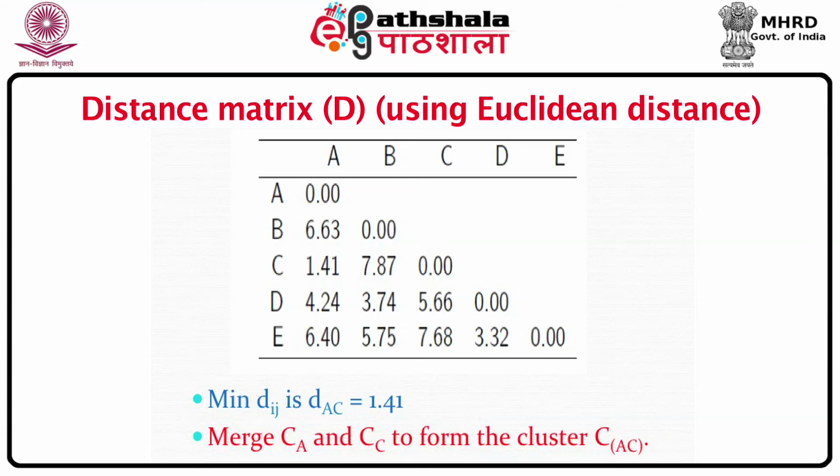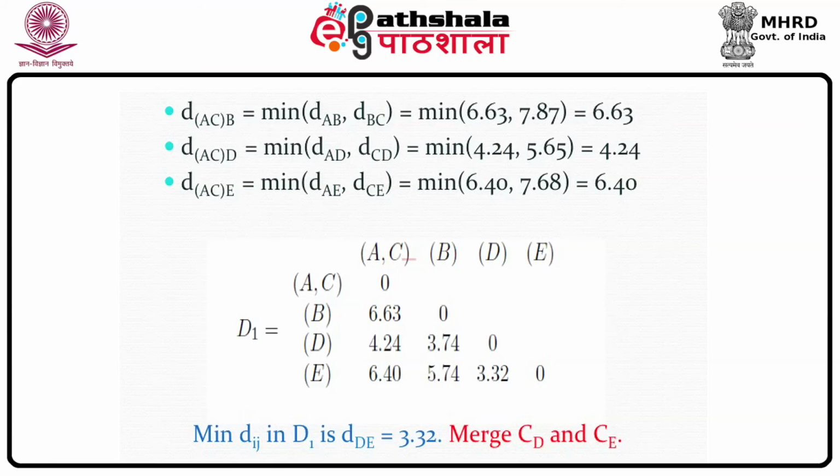Hence we merge these two clusters, CA and CC, to form a cluster CAC, which consists of 2 elements, A and C now. So instead of 5 clusters, now we have 4 clusters. One is AC, the second is B, the third is D, and the fourth is E. Again, we find the distance between each of these clusters, and now we use the single linkage method.